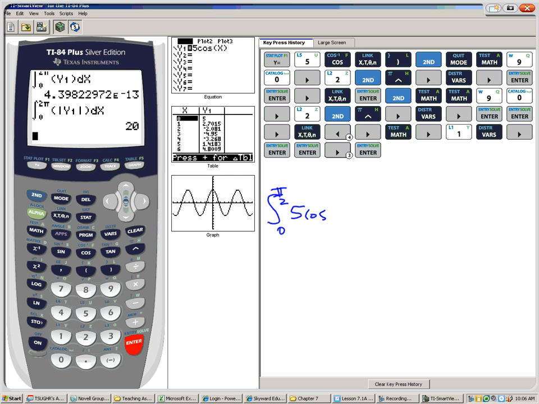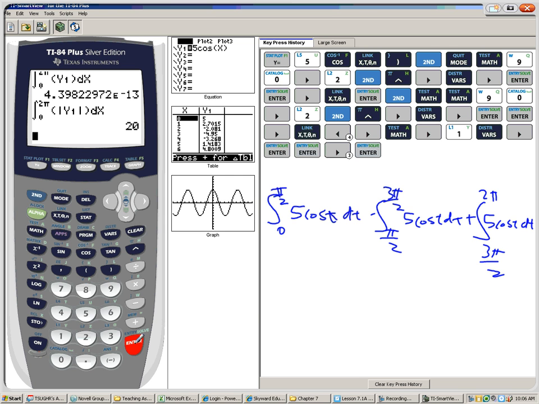5 cosine of t dt and subtract pi over 2 to 3 pi over 2 of 5 cosine of t dt, and then add 3 pi over 2 to 2 pi of 5 cosine of t dt. Okay?